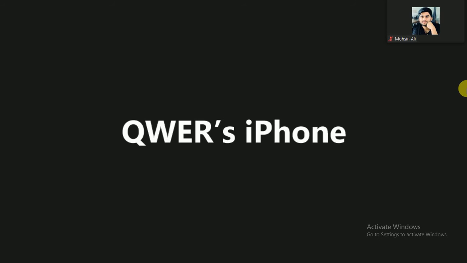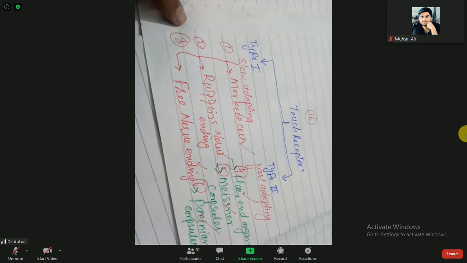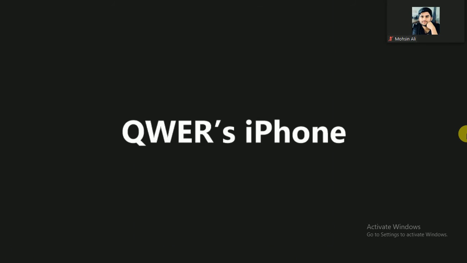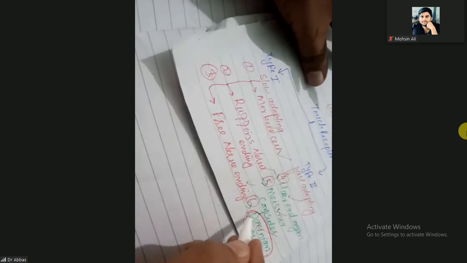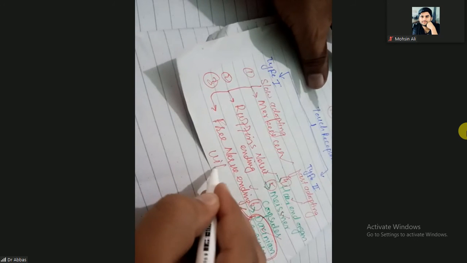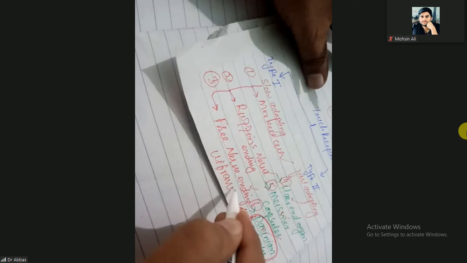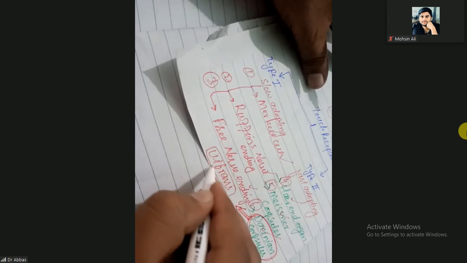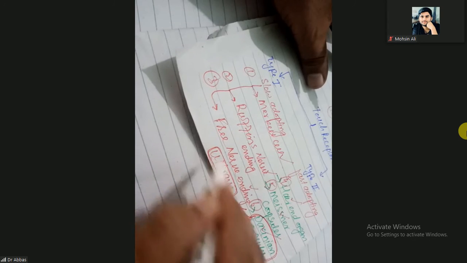What is your answer? Ruffini nerve ending? No, no, no. Pacinian corpuscles. Why? Because Pacinian corpuscles are for the vibration of the body, vibrations or vibratory movements.